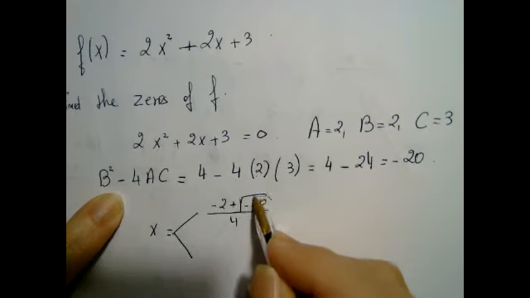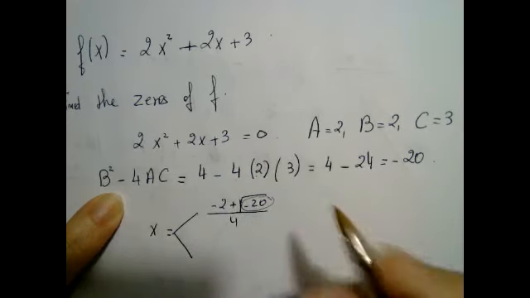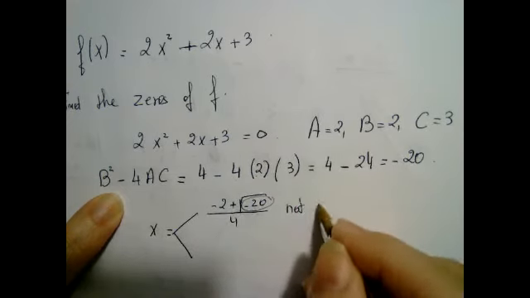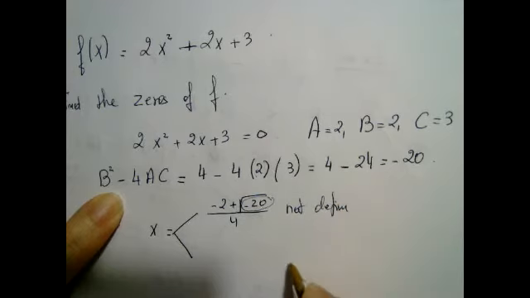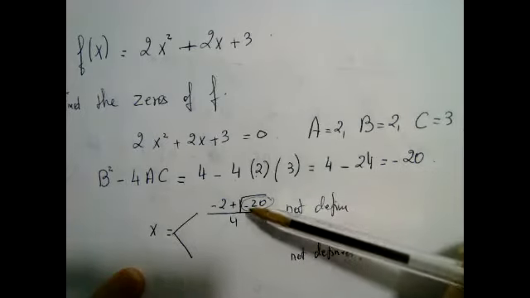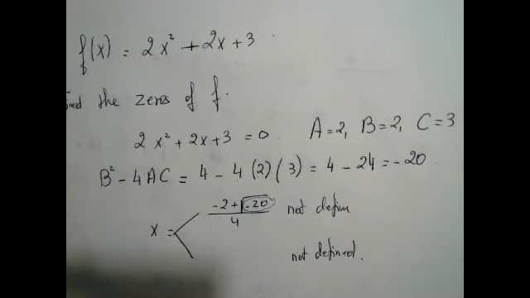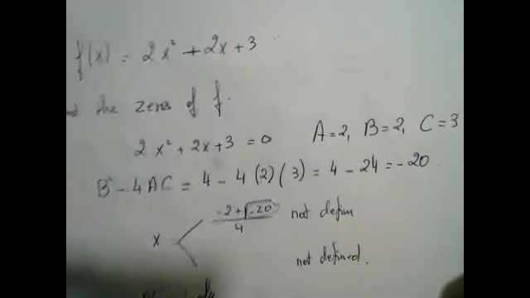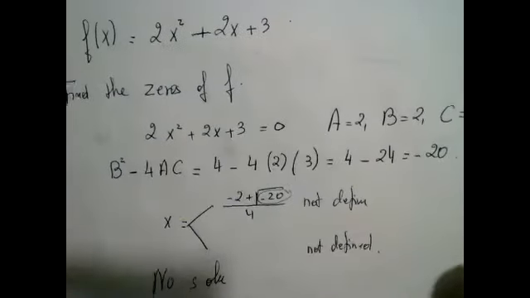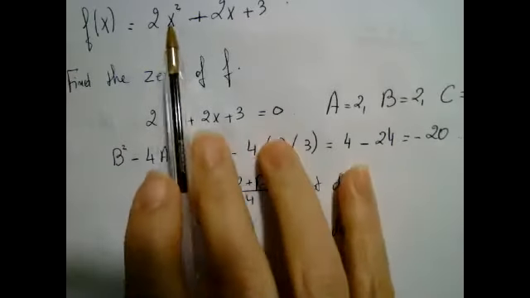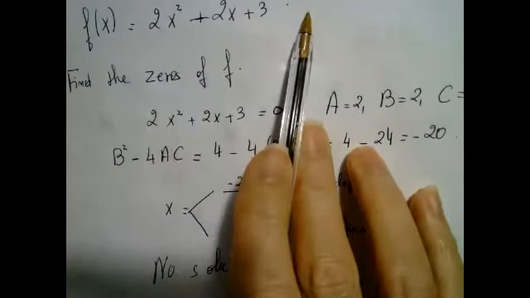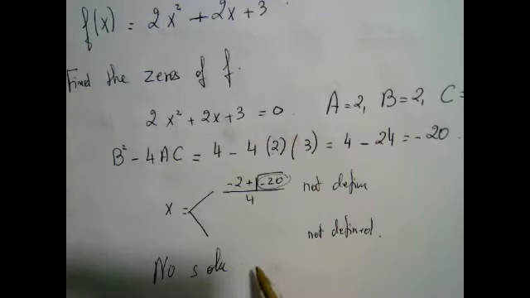But definitely the square root of minus 20 is not defined. So this is not defined. And of course, this is not defined. We cannot have a negative number under the radical or under the square root. So the conclusion is that there are no solutions in this scenario. It means no value of x. No value of x you can plug in here spits out a 0. So no solution.